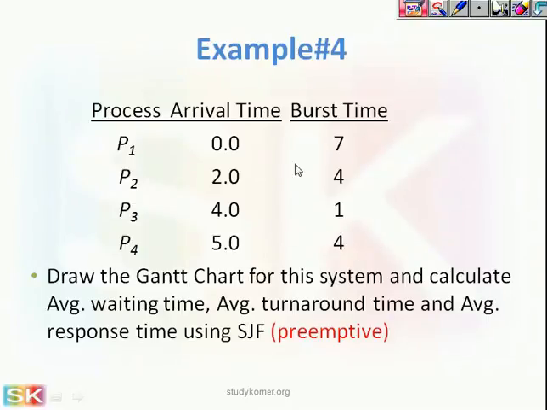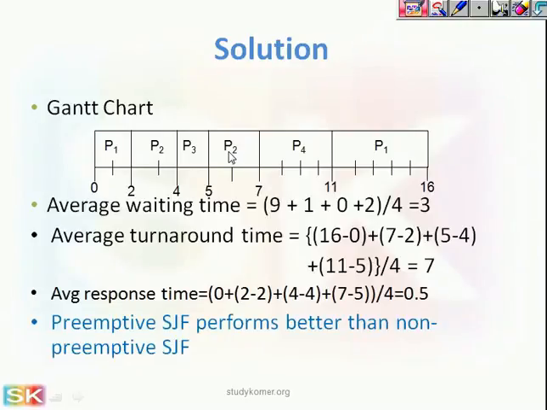Out of these 3 processes P1, P2, P4, P2 has the smallest burst time, that is 2 units. So next, after P3, P2 will continue, right? So after P3, P2 will continue from 5 to 7.